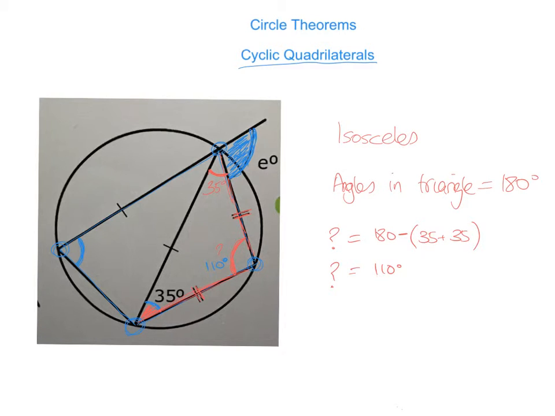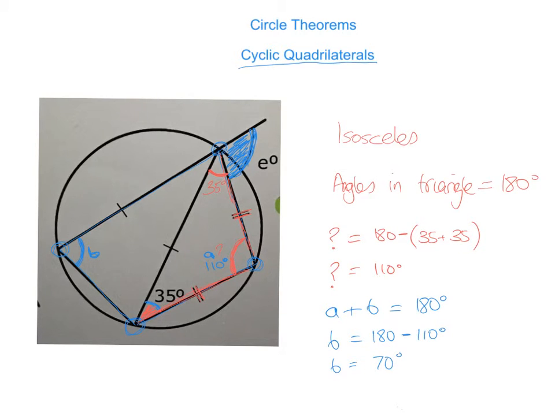If we call this angle B, and let's say we call this angle A, then angle A plus angle B must equal 180 degrees. So B must equal 180 minus the size of angle A, which is 110 degrees, which means that B is 70 degrees.